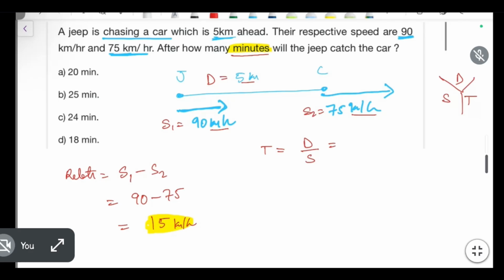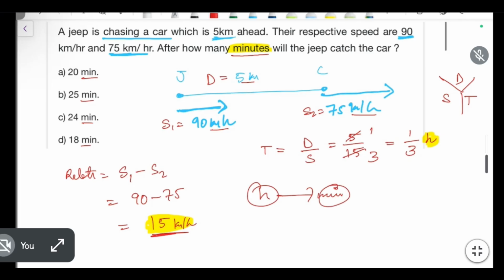Now, the distance here is how much? Distance here is 5 kilometer. And the relative speed here is how much? 15 kilometer per hour. So if I reduce this, 5 ones are 5, 5 threes are 15. I have 1 by 3 hours. But remember, all the answers here are in terms of minutes, so I need to convert from hours to minutes.